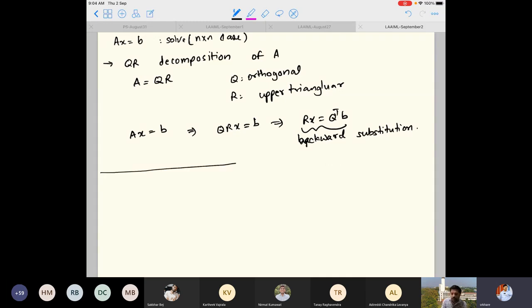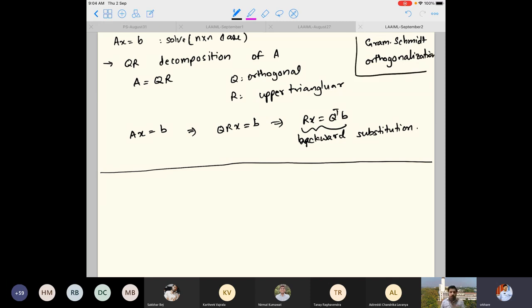And one thing that you can convince yourself of is that this QR decomposition that we are calculating is actually nothing but Gram-Schmidt orthogonalization. So if you have a matrix A whose columns are linearly independent, that means the rank of matrix A is full, then the columns of A form a basis for the entire space Rn, right?